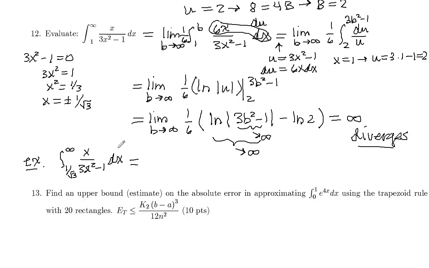So if that happens, you have to break it up at an intermediate point. So you could do from, like, 1 over root 3 to 1, plus the integral from 1 to infinity.